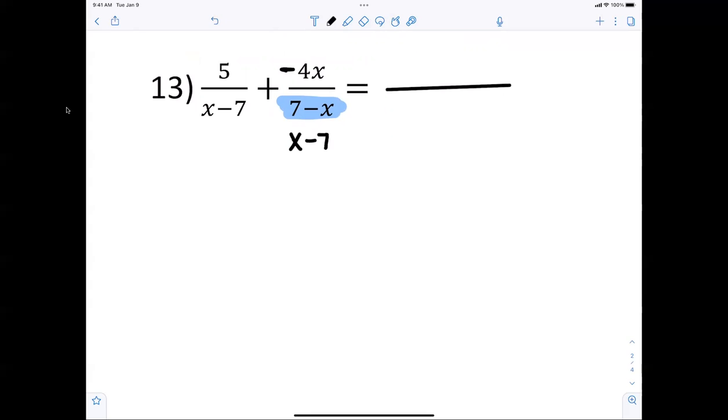If you change the plus to a minus. So the answer is just 5 minus 4x over x minus 7. Why would it just be x? You want to tell me 5 minus 4x is x? They're different. Can't combine 5 and x, right?